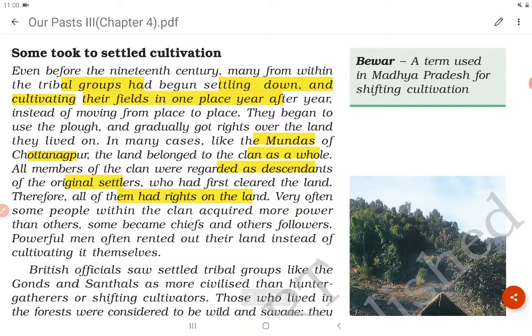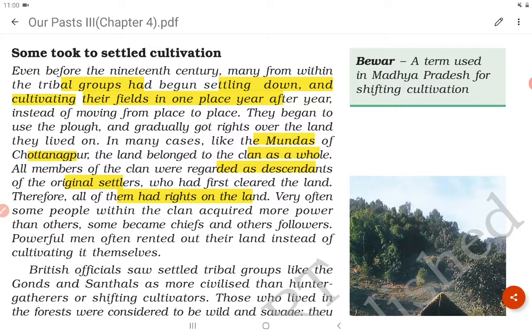Some took to settled cultivation. Even before the 19th century, many from within the tribal groups had begun settling down and cultivating their fields in one place year after year, instead of moving from place to place. They began to use the plough and gradually got rights over the land they lived on.